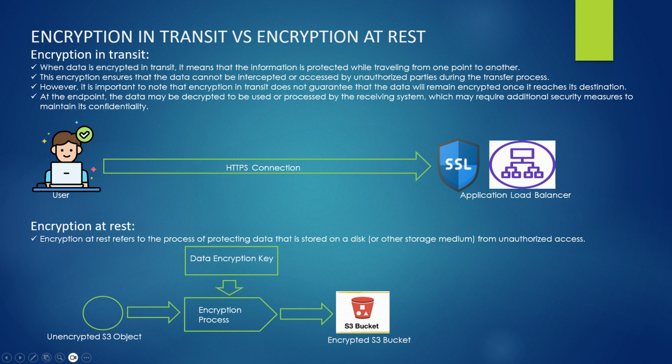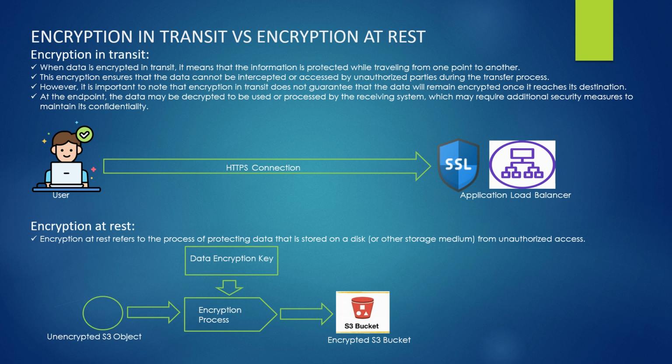So when the data is in transit, no one will be able to access or intercept it during the transfer process. That is the main role of encryption in transit. However, it is important to note that encryption in transit does not guarantee that the data will remain encrypted once it reaches its destination.